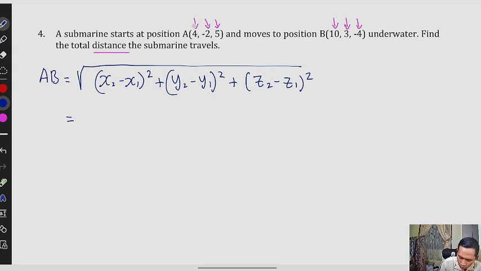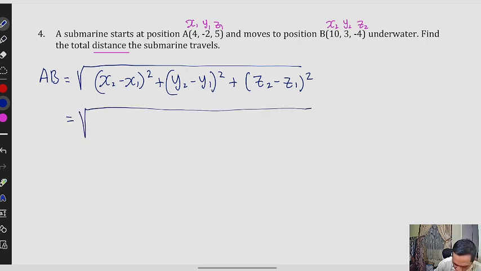Okay, let's put the numbers there. Let's decide what is x1, y1, z1. This again is up to you. I want to make this x1, y1, z1. This is x2, y2, and z2. Then we change the letters. x2 is 10.